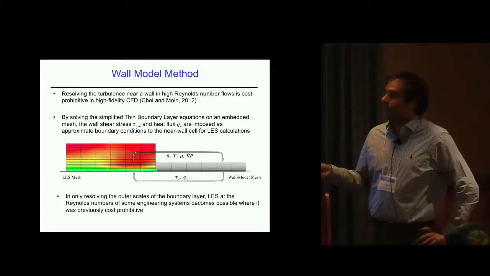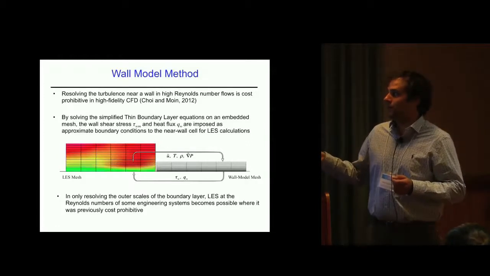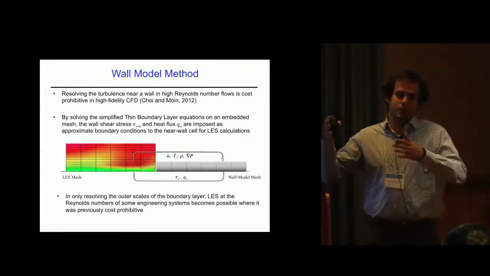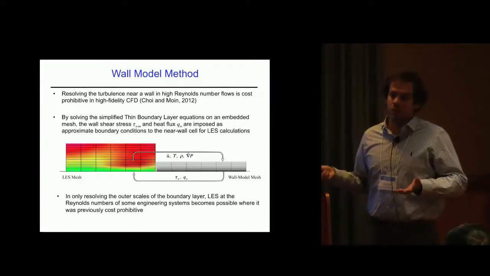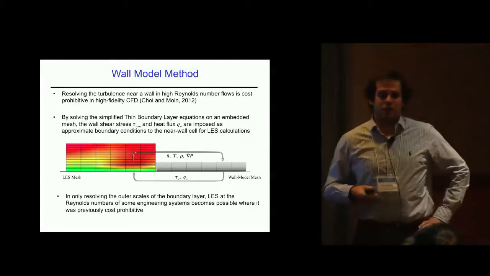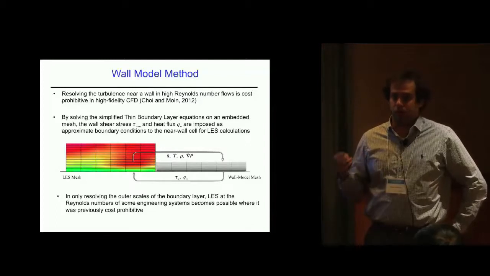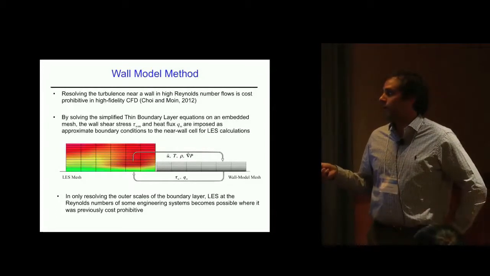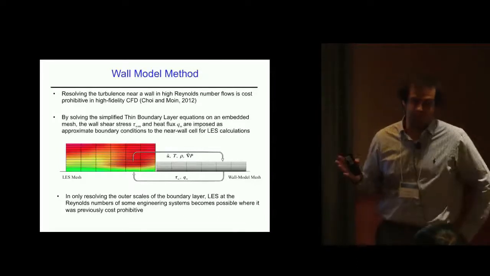We interpolate at every time step to this wall model mesh, solve an ODE for the velocity and the temperature distributions, get a shear stress out of that, and then use it as approximate boundary conditions at the wall. So the whole goal of this is that where you have LES and engineering systems and you want to do it at the real Reynolds number, which is really restrictive, you can now do it where before it would be insanely expensive.